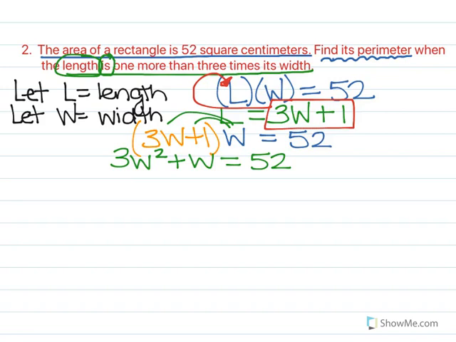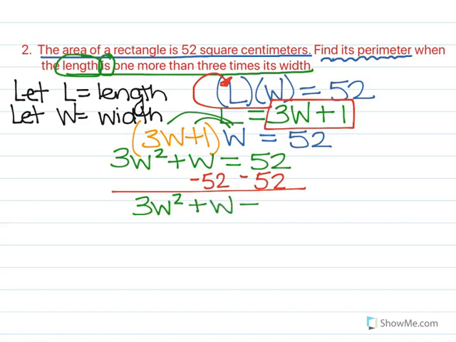We want the ax squared value, or in this case, the w squared value, positive. So we are going to move the 52 to the other side by subtracting. And we are going to end up with 3w squared plus w minus 52 equals 0.